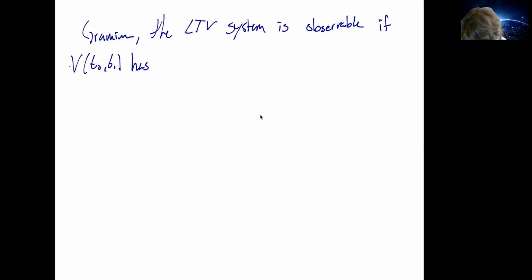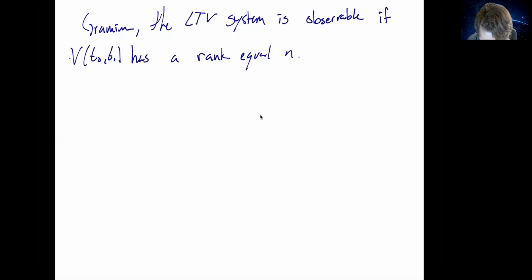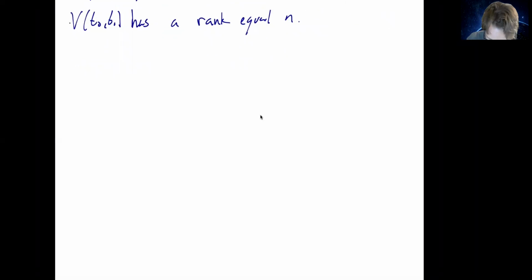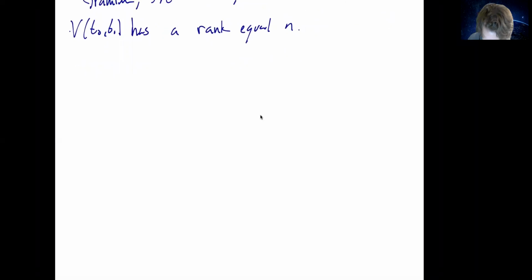Right, full rank, which is the same as saying the rank is equal to n, where n is the size of our system. And so naturally, if we can find the state transition matrix and we have the measurement matrices, we can easily compute this matrix here to determine if our system is observable.